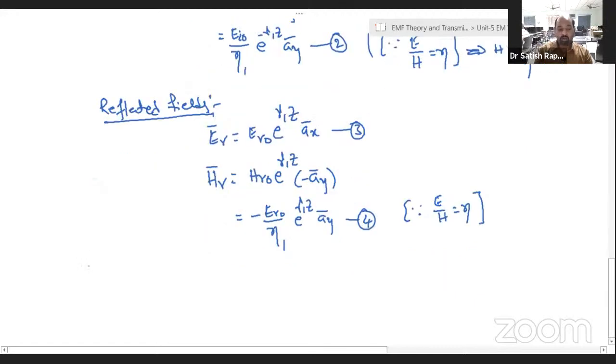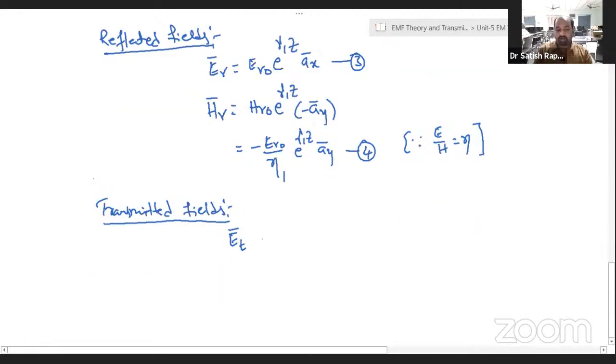This is how we can represent the reflected electric field and reflected magnetic field. Now the transmitted waves, or fields. The transmitted electric field is equal to Et naught e power minus gamma 2 z Ax bar, and this is equation 5.